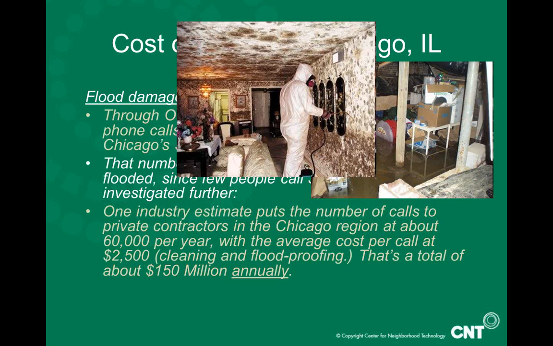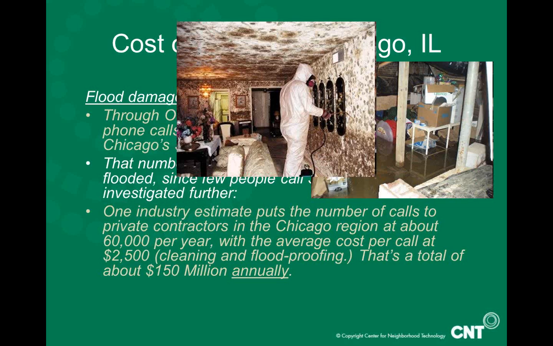And on average, the cost of their remediation project is $2,500. That means that every single year, if that's the average, $150 million are being spent for those services in the Chicago area, based on just your average rainfall and your average floods.